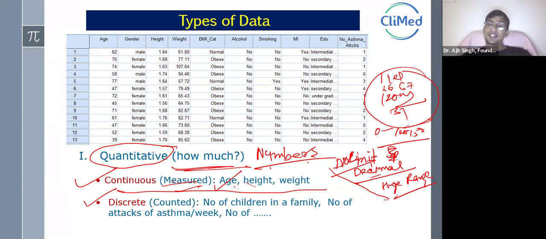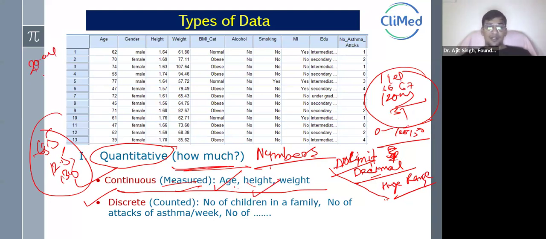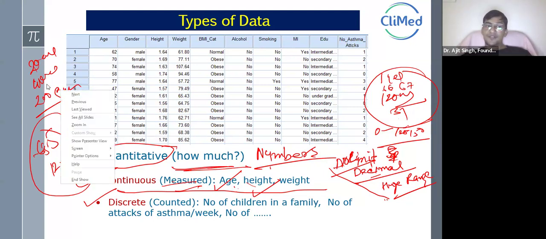And the third thing is decimal. Age could be 12 and a half years, 13 and a half years, 65 and a half years. There are decimals. Height could be 20 centimeter, or 50, 40 centimeter, and it could be 200 centimeter also. Huge range, no specific limits.